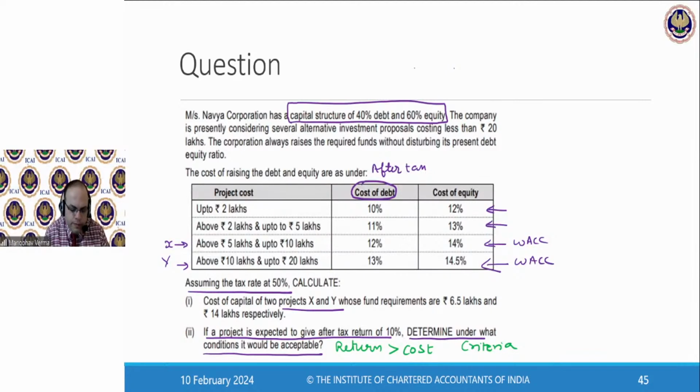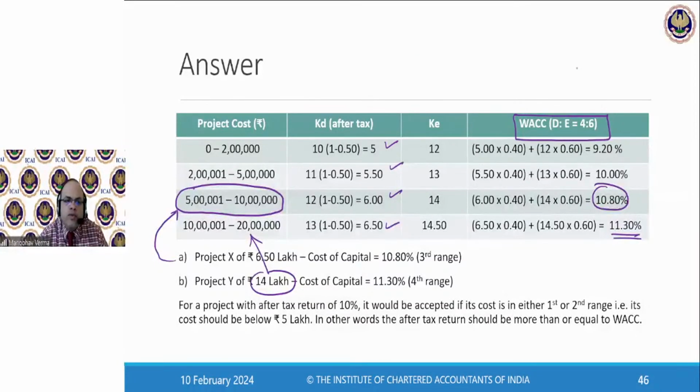Now that means if I'm saying that return should be more than the cost, let's quickly look at what is my cost in all the four slabs. I can see 9.2, 10, 10.8, or 11.3. I think if we're talking about a 10% return, you'd be more than happy if the project is costing within 2 lakhs. At max, we can accept at break even.